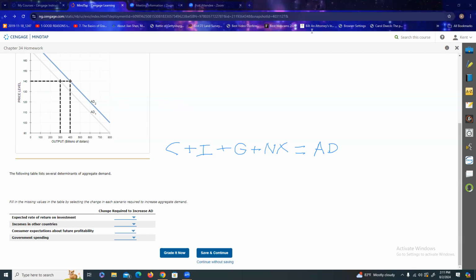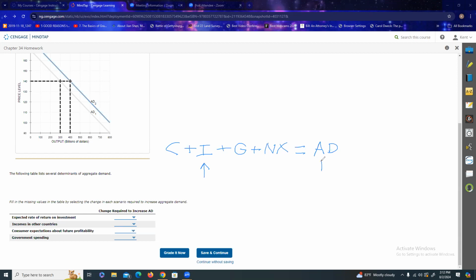Well, let's see. Here we go. I'll get my little pen back. First one, expected rate of return on investment. Well, if the expected rate of return on investment rises, we're going to see more capital investment.